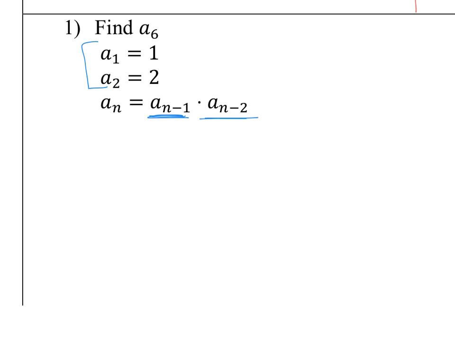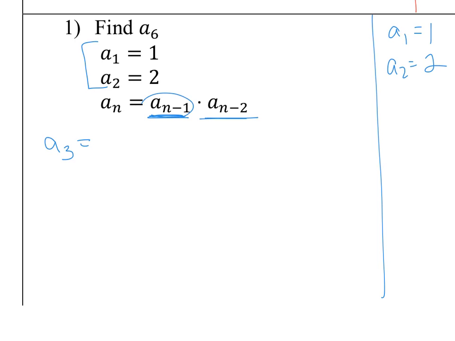So that's just saying a sub 3, because we already have a sub 1 is 1. They've already told us a sub 2 is 2. So a sub 3 is back 1, back 2. So a sub 3 is 2 also. Then a sub 4, this one right here means go back 1.